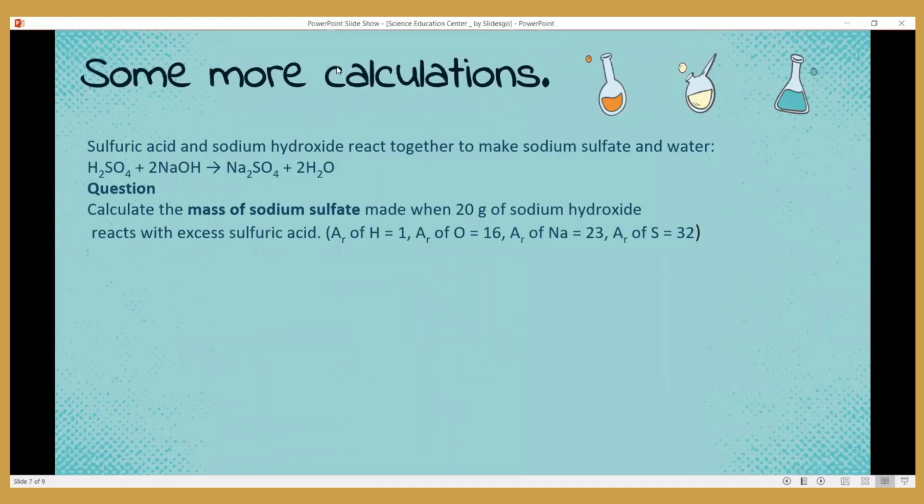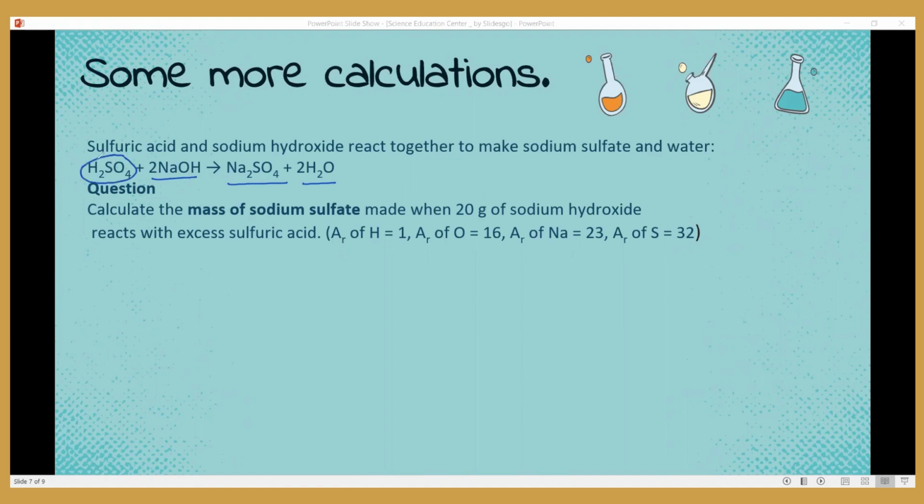Let's read out the question first. Sulfuric acid and sodium hydroxide react together to make sodium sulfate and water. So this is sodium sulfate and this is water. Calculate the mass of sodium sulfate made when 20 gram of sodium hydroxide reacts with excess sulfuric acid.